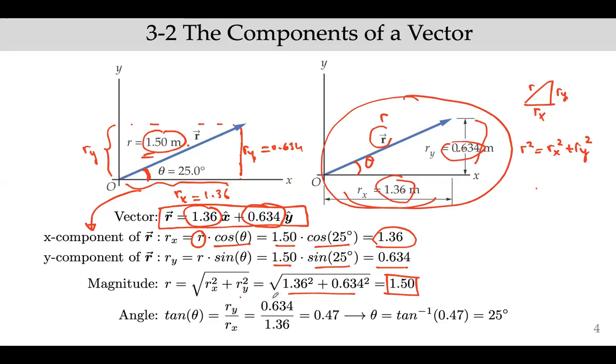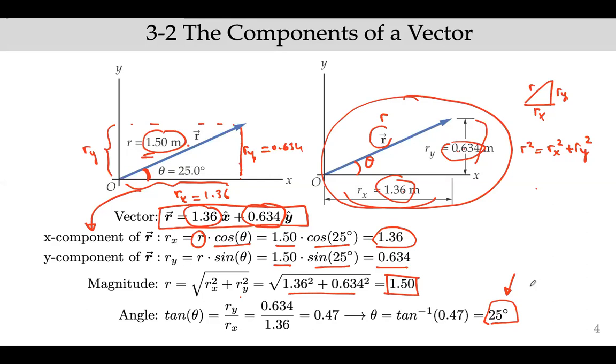If you do the calculation, you get 0.47. Take the inverse of that tangent by using your calculator, and you will find 25 degrees. One caution here is that your calculator should be set to degrees so that you can get 25. If it's set to radians, then you will get some other number.